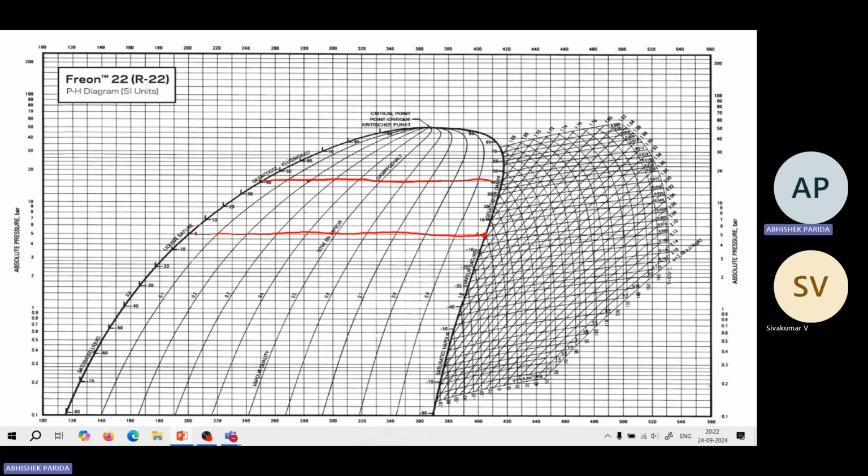So the 5 would fall somewhere here. This is point number 1. And the other point is point number 3, at 40 degrees Celsius. It is somewhere around 220, 240, and this is 260, so this will be somewhat around 250 kilojoule per kg.